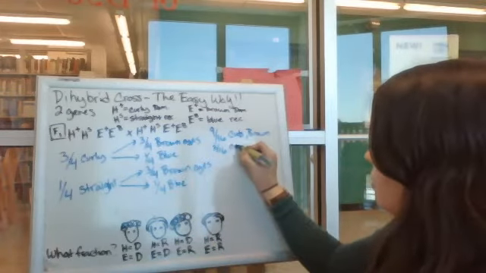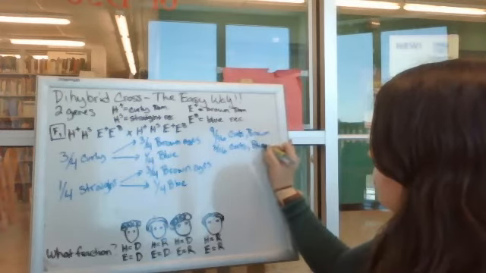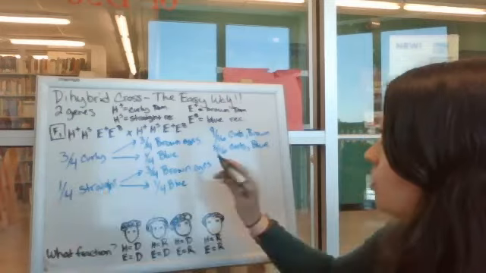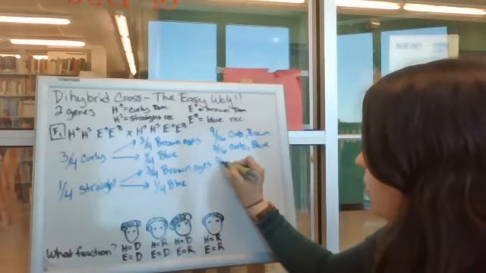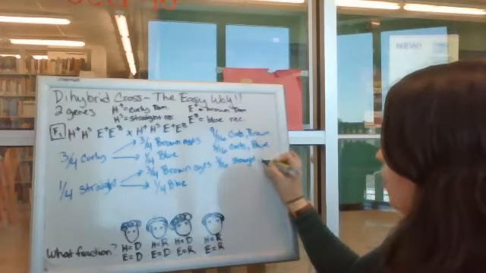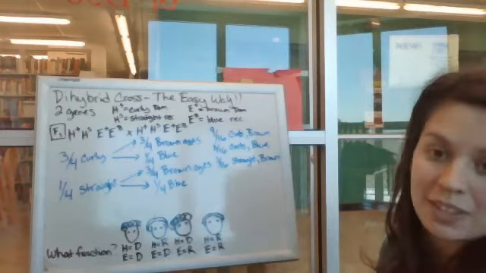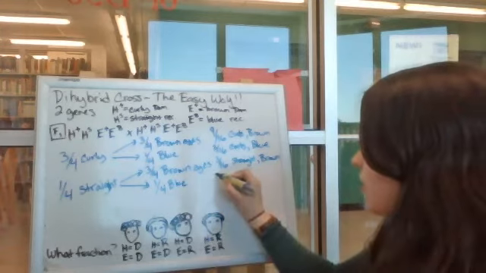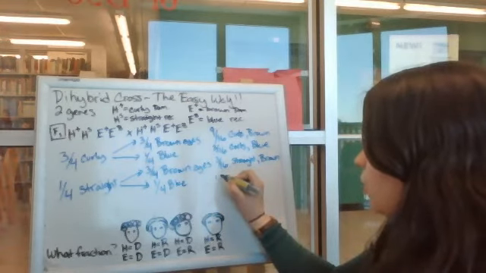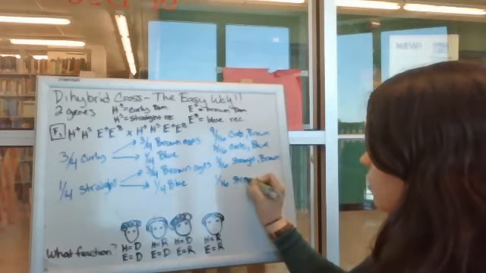Curly, curls, and blue. We have 1/4 times 3/4, which would be 3/16 straight hair and brown eyes. And then the one that we would expect to be the least common, because it's double recessive, is 1/4 times 1/4 equals 1/16 straight hair and blue eyes.